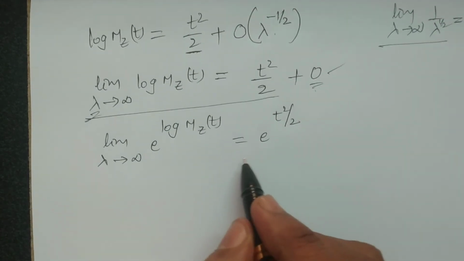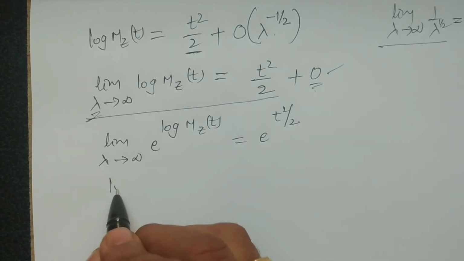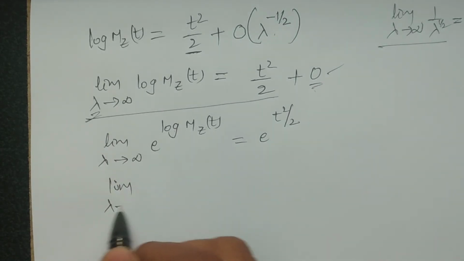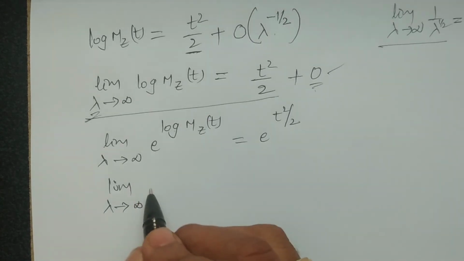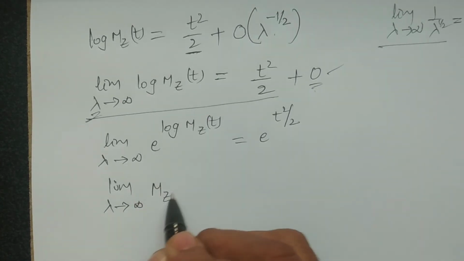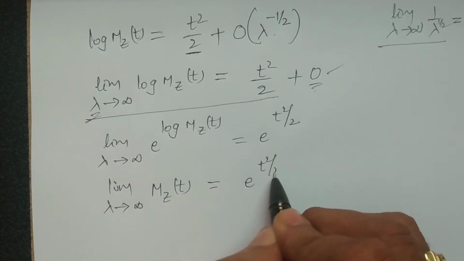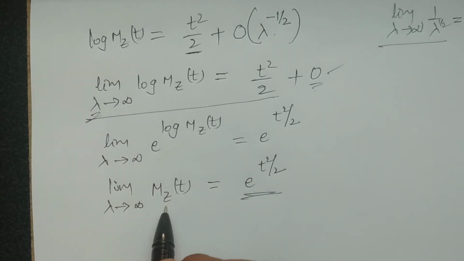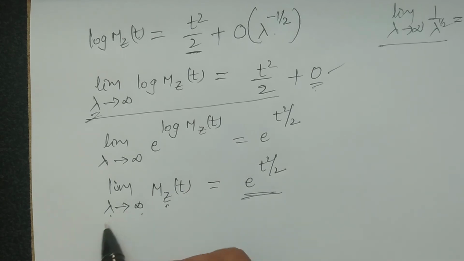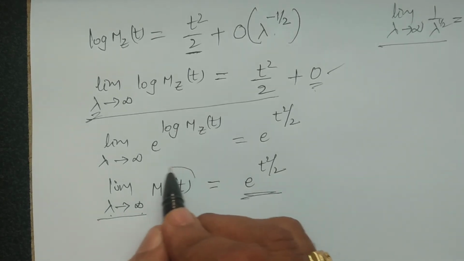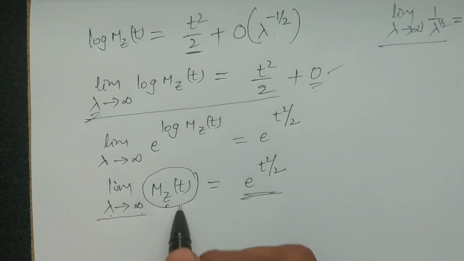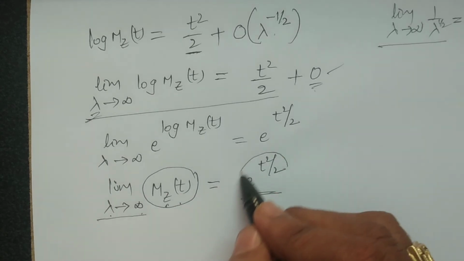So therefore, e power log x is the limit as lambda tends to infinity of M_Z(t), and e power log x is equal to e power t square by 2. What is this? This is the moment generating function of the standard gamma distribution as lambda tends to infinity. So as lambda tends to infinity, the moment generating function of the standard gamma variate is nothing but e power t square by 2.